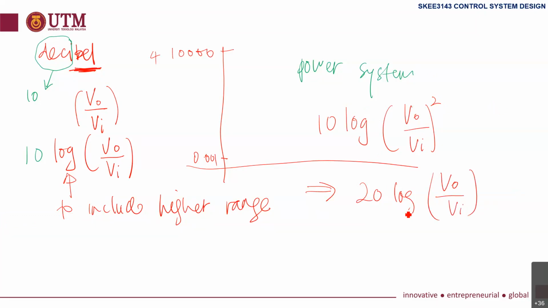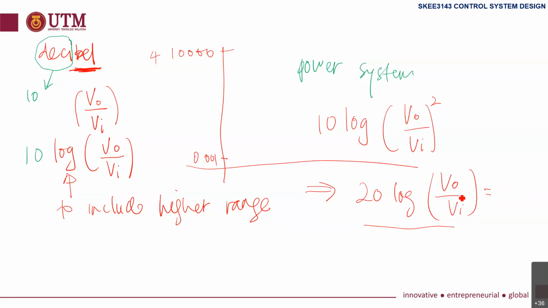This is one of the ways to show the differences, to make comparison between two signals. And in the course here in control, we normally use this 20 log of two signals.